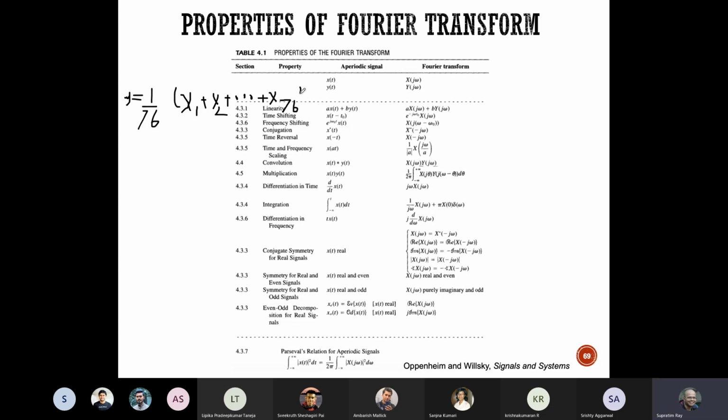So this is the first segment, this is the second segment. I've got 76 trials, right? First trial, second trial, and the ERP is just the average of that. Now, what this linearity tells you is that if this is in time domain, and its Fourier transform is X1 omega, this is X2 omega, and this is X76 omega, then your Fourier transform of y is just this.